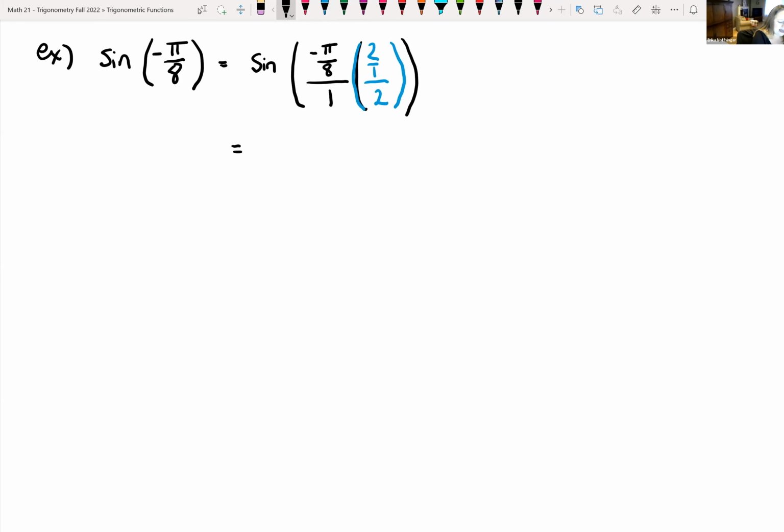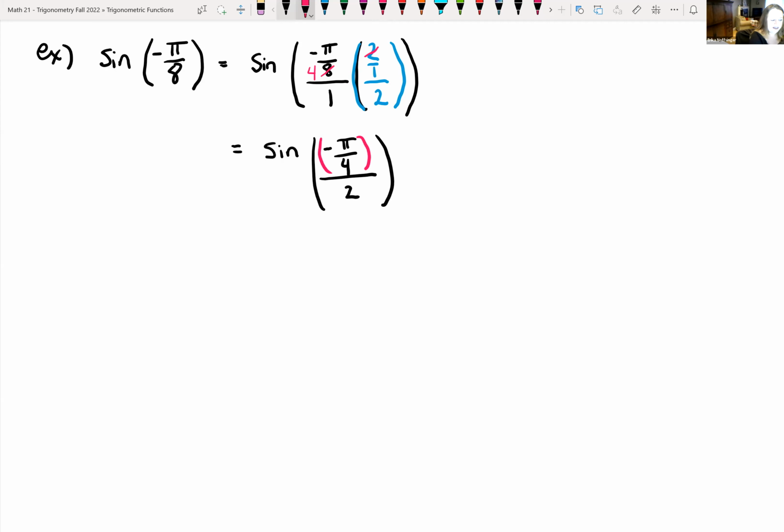When I did that, notice now I have sine of negative 2 pi over 8, but we can reduce that. That 2 goes into that 8 4 times. So we really have in our numerator here negative pi over 4, and then it's all divided by 2. So I'm going to use negative pi over 4, which is an angle we know how to evaluate, as my numerator, and then divided by 2.